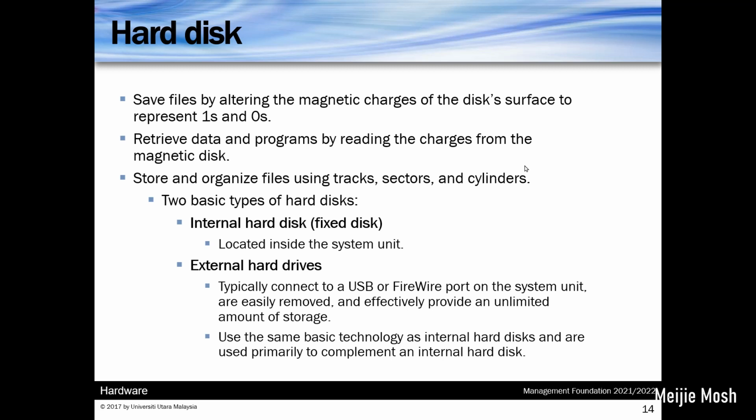The external hard disk or hard drive typically connects to a USB or FireWire port on the system unit, is easily removed, and effectively provides an unlimited amount of storage. External hard drives use the same basic technology as internal hard disks and are used primarily to complement an internal hard disk.